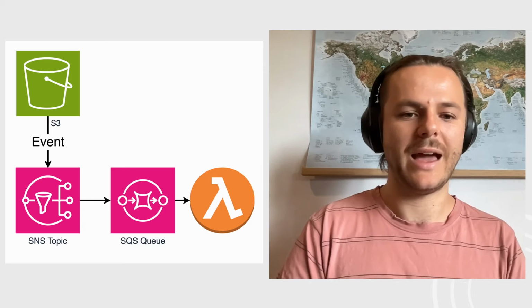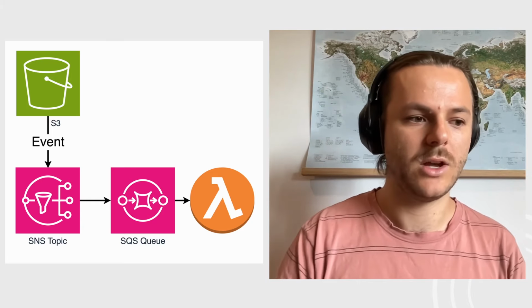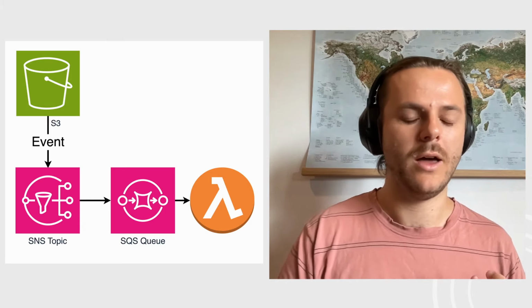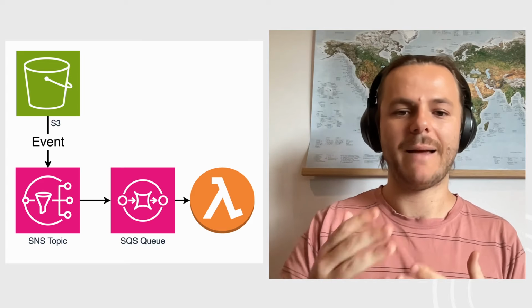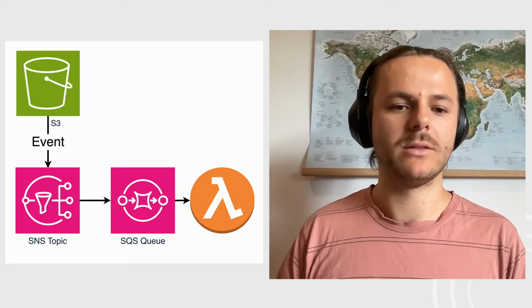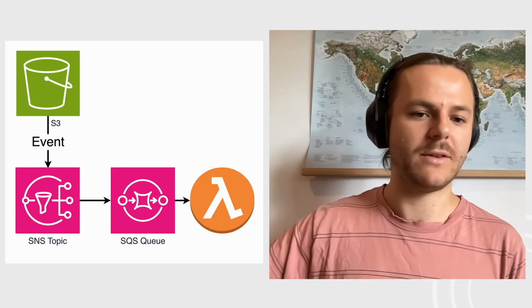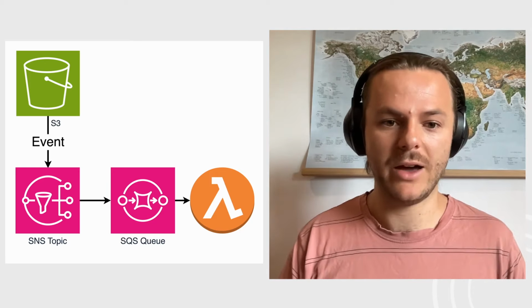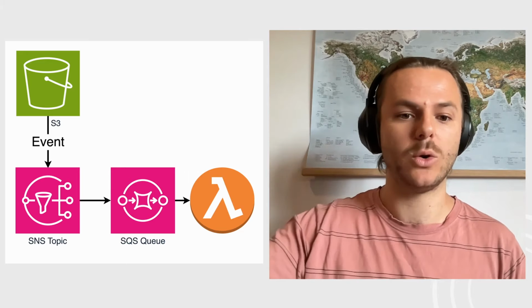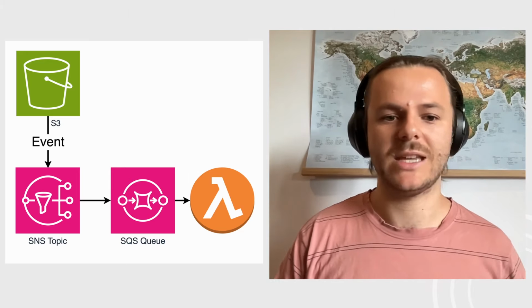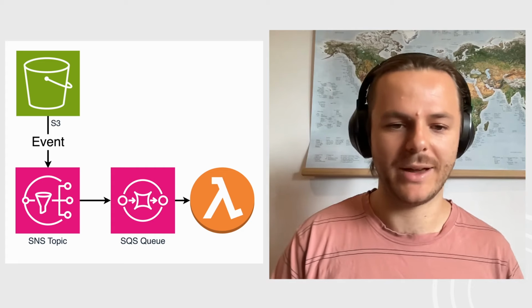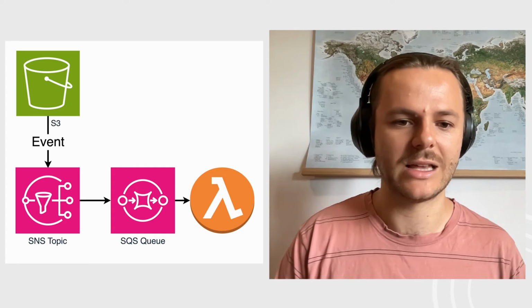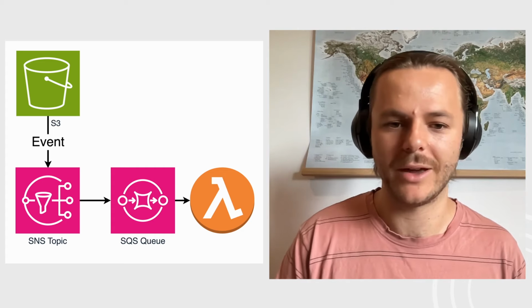The reason that we have the SQS queue, let's start with, is we can control the rate at which these Lambdas are being called and invoked. If we've got downstream services, it looks like we have maybe the OpenAI API as a downstream API that we're calling. If we were to get tens of thousands of documents land in our S3 bucket at the same time, we could very easily throttle our API usage.